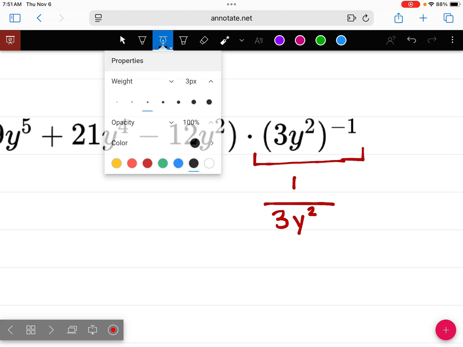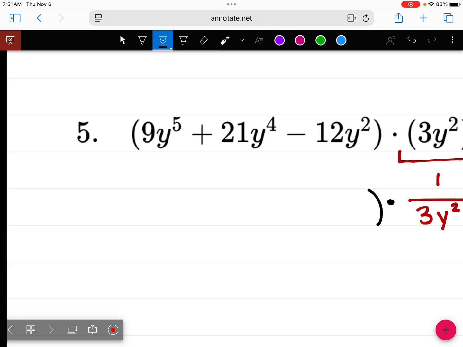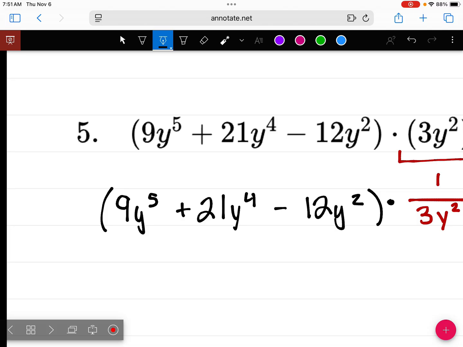So if I'm taking this polynomial, this 9y to the 5th plus 21y to the 4th minus 12y squared times 1 over 3y squared, that's what it means when it has that parentheses to the power of -1. It's telling us that this is what we're dividing by.